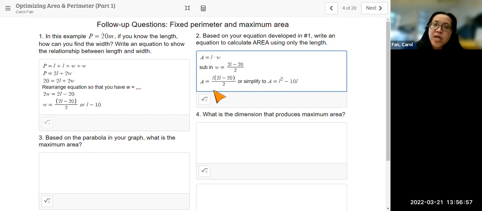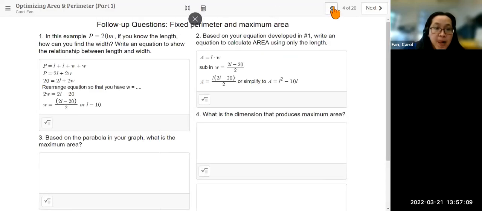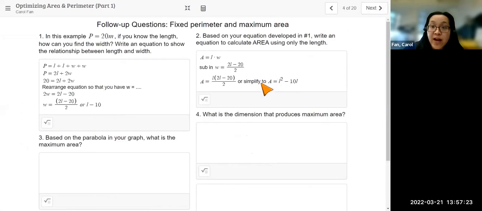I'm going to insert this into the graph. However, instead of using A and L, I'm going to use X and Y. This is actually the graph that it creates. So we have actually solved for it. We've graphed it already.